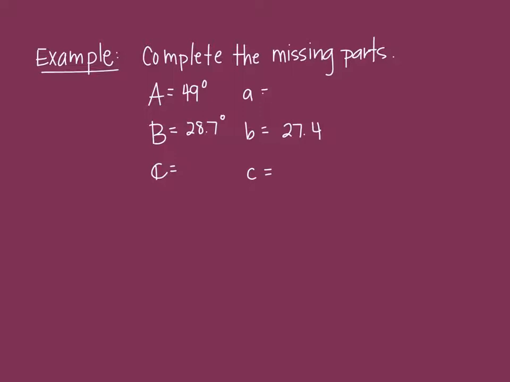So the first thing you want to do, the easiest thing to do, is to find angle C, because no matter what kind of triangle it is, what do you know about all the angles of a triangle? They add up to 180, regardless of whether it's oblique, scalene, obtuse, right. And so the first and easiest thing to do would be to start with 180 degrees, take away 49 for angle A, take away 28.7 for angle B, and you'll be left with 102.3.